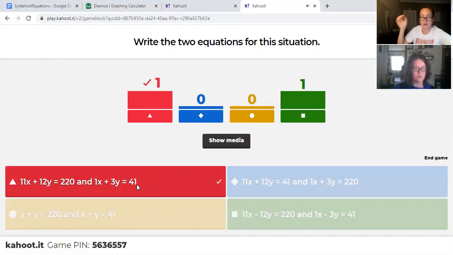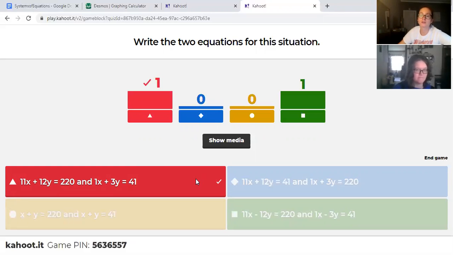Oh, I got the numbers wrong. Alrighty, so on this one, the green, it's the exact same numbers, but what's the difference in the green and the red? It's negatives. I didn't see the subtraction signs.